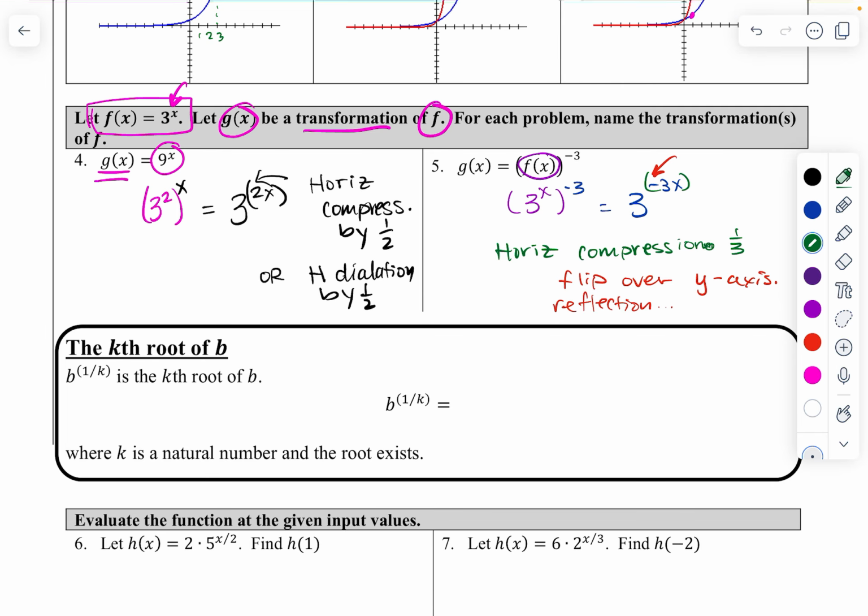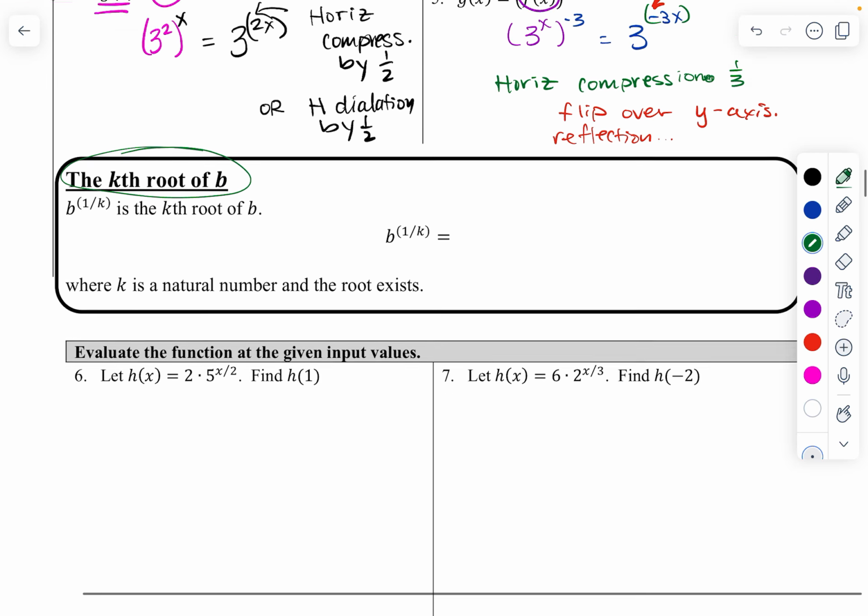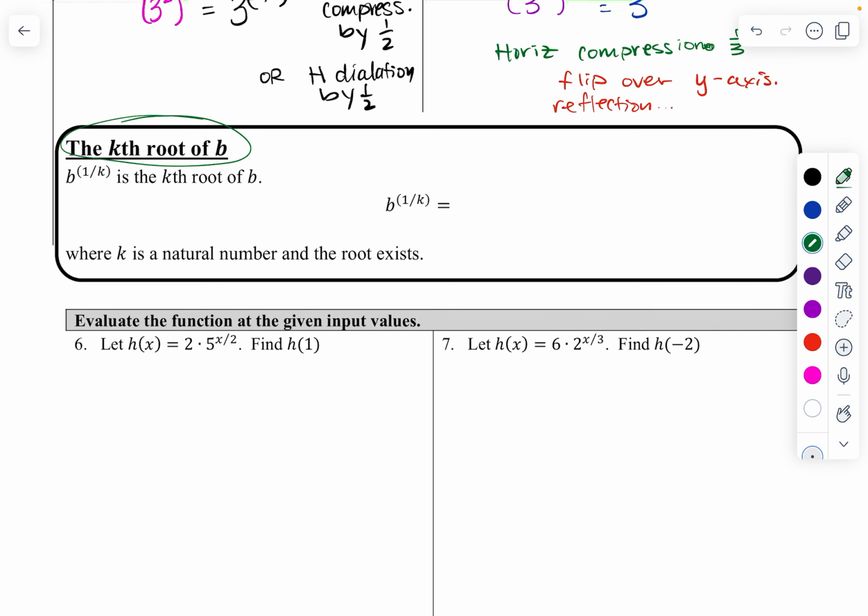Okay, lastly, let's talk about the kth root of b. This is something that you're going to recall from before. If I have b to the 1/k, this is called the kth root of b. If I look at this b to the 1/k, I like writing it like this a little bit better, that this denominator now becomes the index of the root of that b.